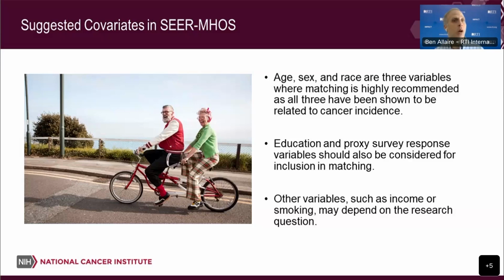Some of it will depend on your research question, and some of it will depend on what the missingness is, in particular for income. Because CRM-HOS consists of Medicare patients, typically income is not reported, and so that can be a real challenging one, but maybe useful depending on what your research question of interest would be. Next slide, please.